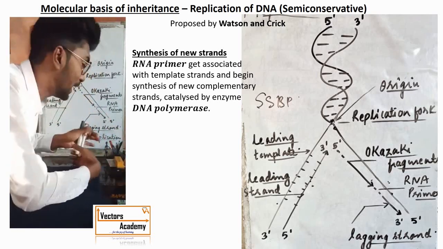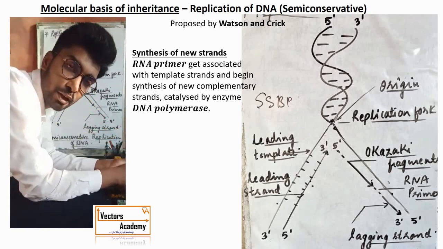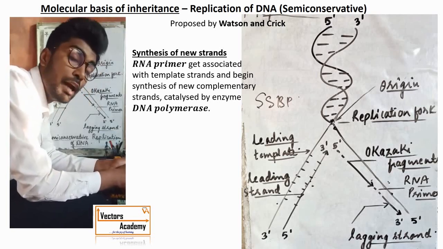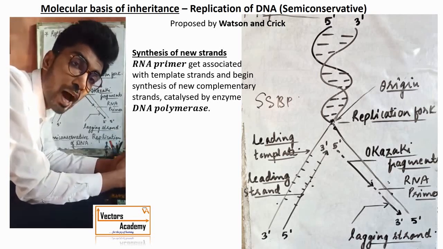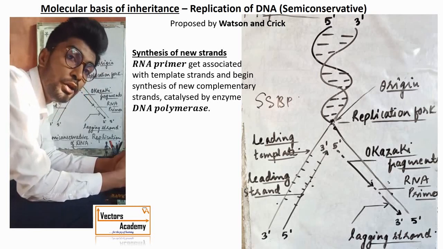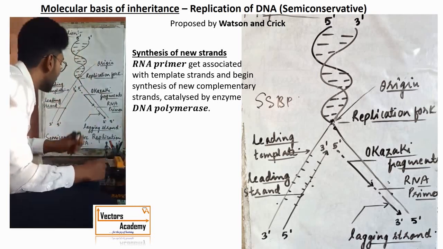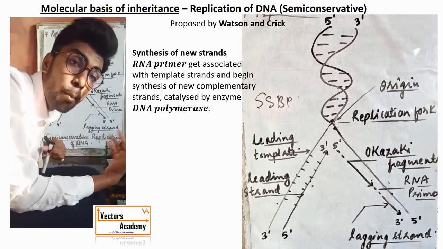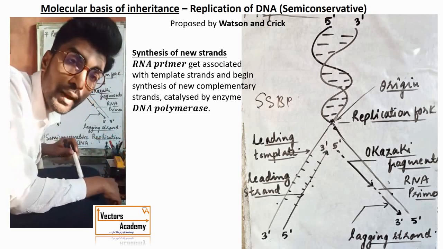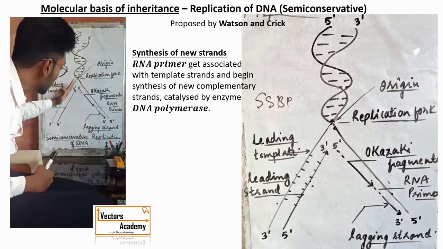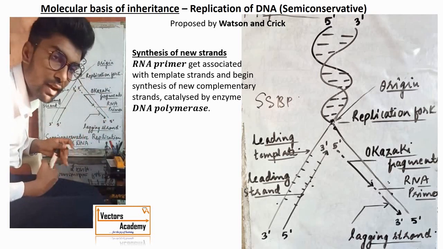Now new nucleotides are selected from the nucleoplasm, correct? These nucleotides will start pairing with the complementary nucleotides which are present on the template strand. This is the separated template strand, right?